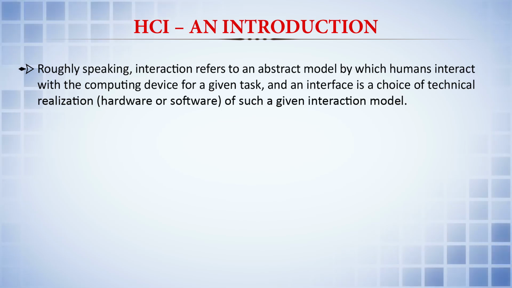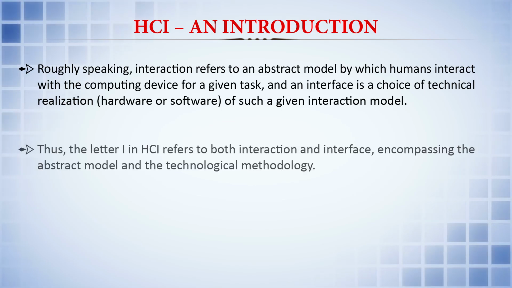Here you can see one is talking about the abstraction and the other is talking about the technical realization, whether it may be hardware or software in which the interface needs to be provided. Thus, the letter I in human computer interaction, that is HCI, refers to both interaction as well as the interface, encompassing the abstract model and the technological methodology.